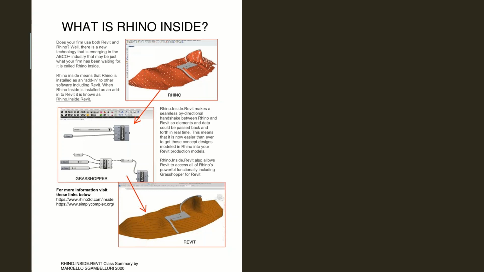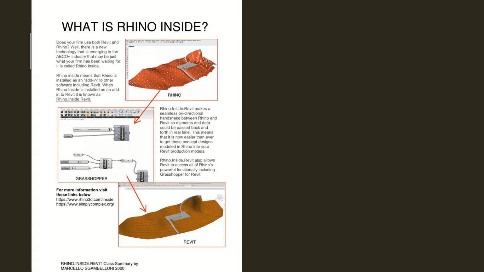If you are a firm or an individual who likes and prefers to model geometry in Rhino, yet you need to get it into Revit somehow, then this is the solution for you.